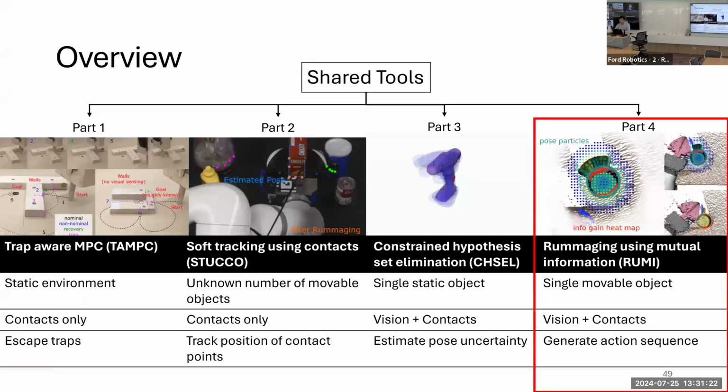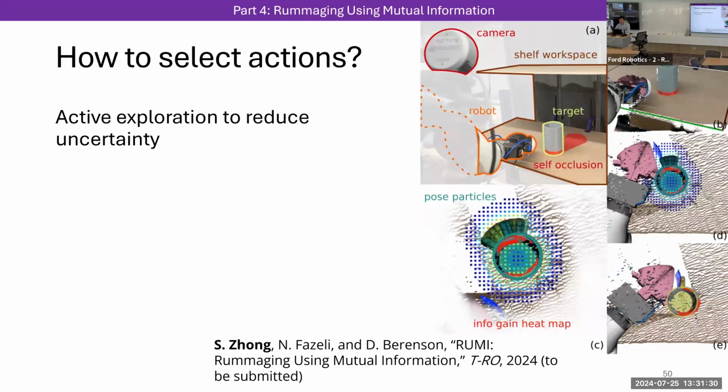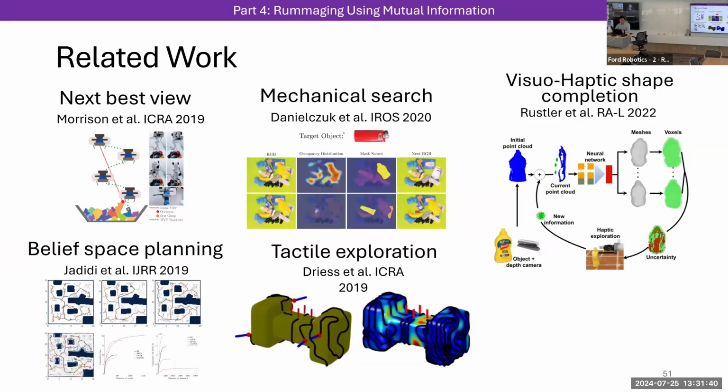Next, we move on to our last chapter, which is called rummaging using mutual information, or RUMI. This is a natural extension of our previous method, where we're given the observed data, and here we decide where the robot should go to explore next to best reduce uncertainty. Prior work in active exploration primarily focuses on one step ahead and does not consider robot trajectories.